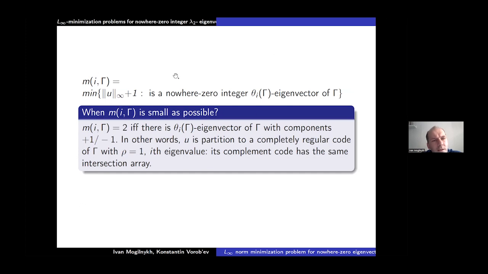This optimum is as small as possible when it is 2. It means that we are looking for an eigenvector whose elements are just +1 or -1. In other words, we work with a specific completely regular code. It has covering radius 1, its eigenvalue is theta-i, and its complement has the same intersection array as the original code.